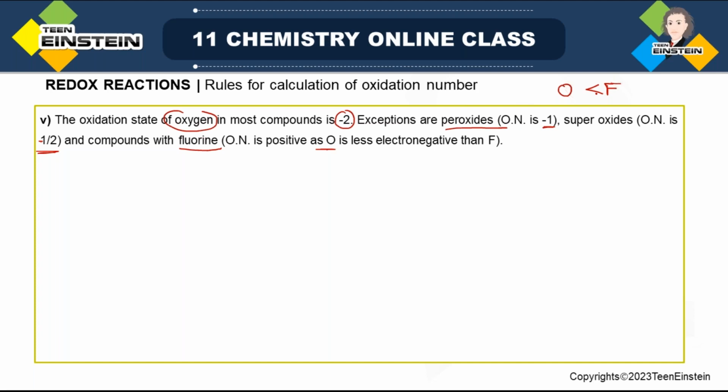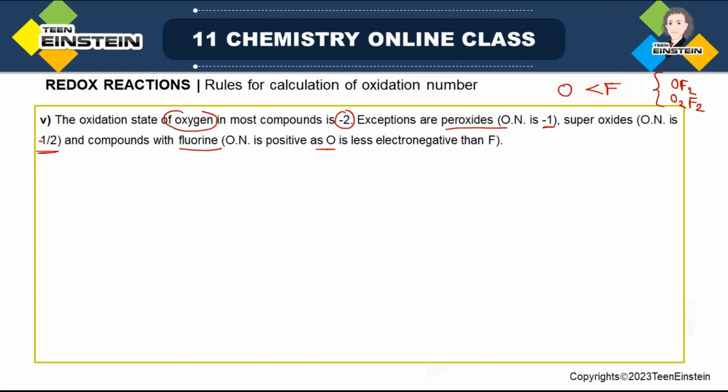Now, if you have any OF compound, which compound? There are basically these two well-known compounds. One is O2F2, another one is OF2. In these two compounds, F is more electronegative, so oxygen is less electronegative. So positive charge will be over oxygen. Now in OF2, for fluorine the oxidation state is always -1.